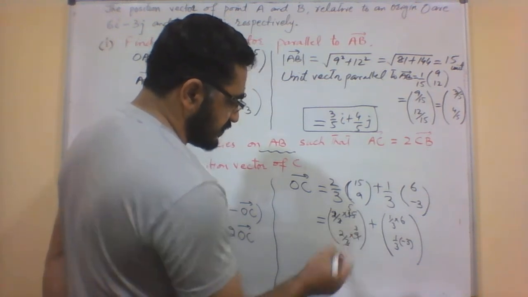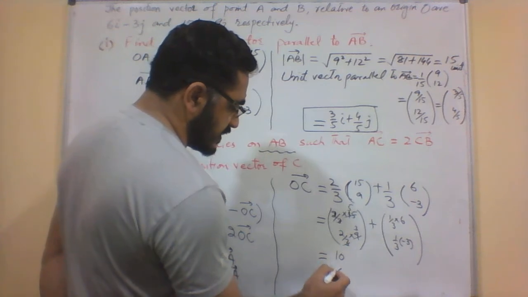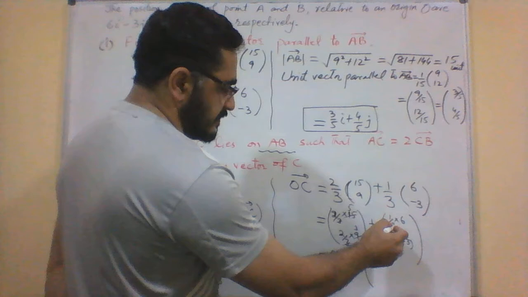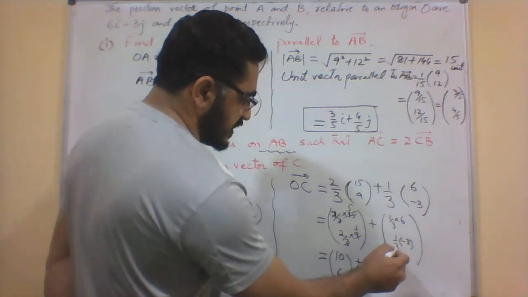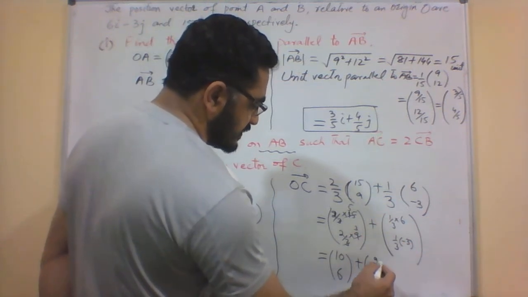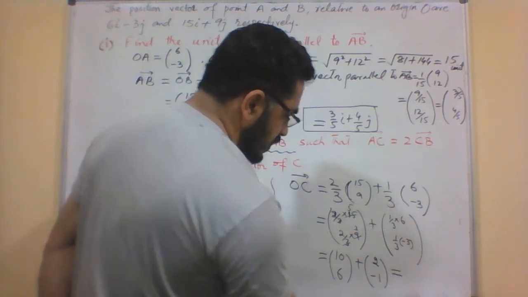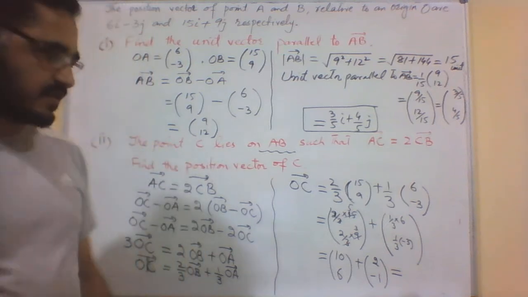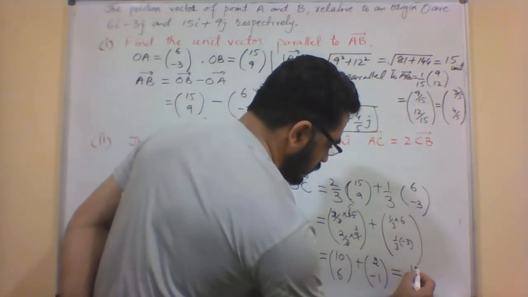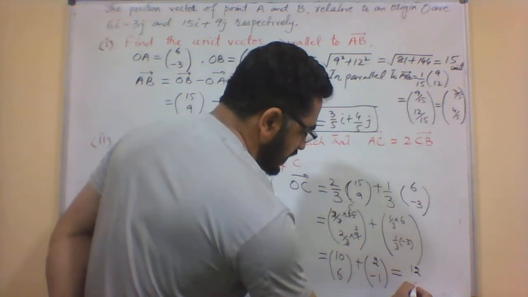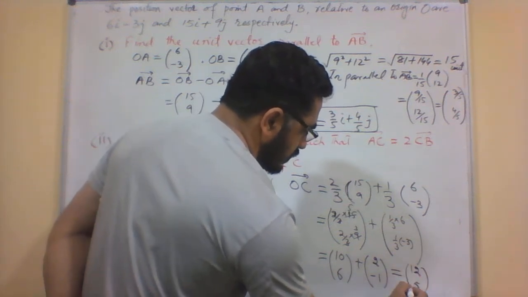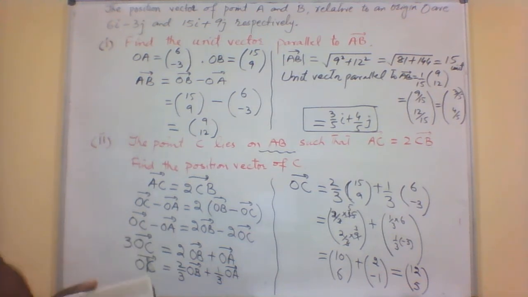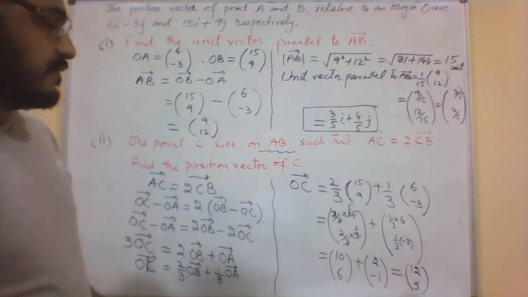Then 3 3s are 9 and 2 3s are 6. Then 6 divided by 3 is 2, and minus 1. After addition, 10 plus 2 is 12 and 6 minus 1 is 5. So OC is 12, 5.